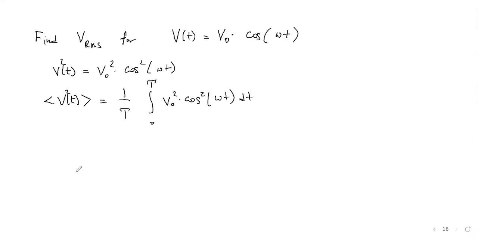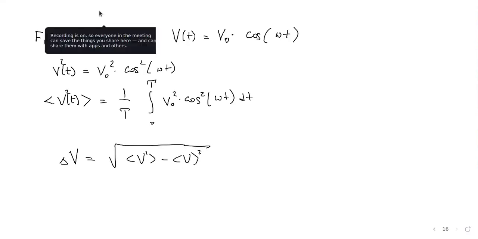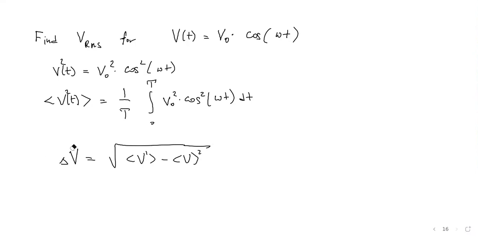If you remember, the standard deviation can be found like this: average of V square minus the square of the average of V. And then if the average V is 0, they're the same. So you're right, this RMS is basically your standard deviation. That means on average how far your signal is from its average value, from 0. So it's kind of the width.